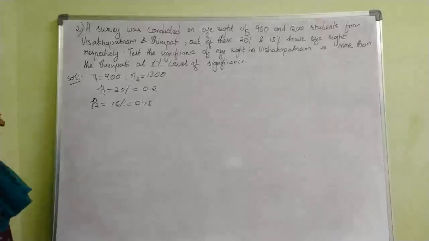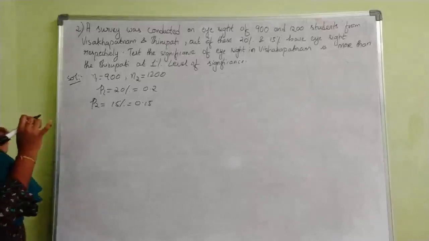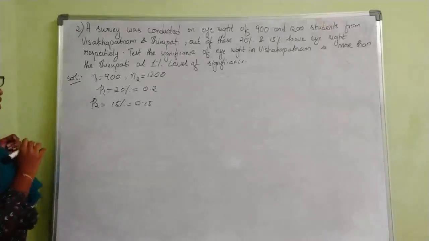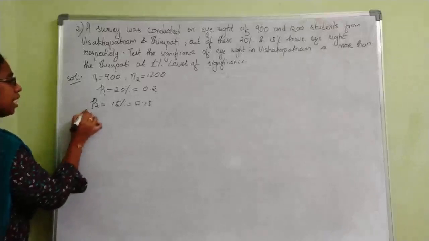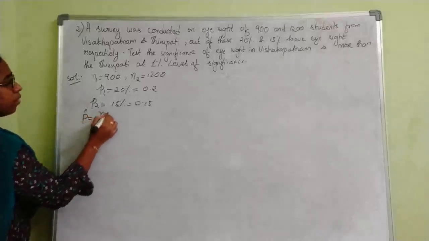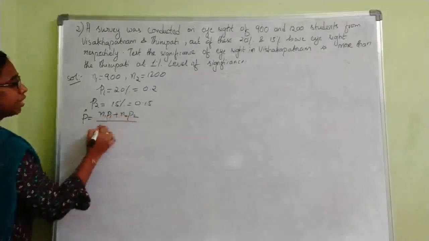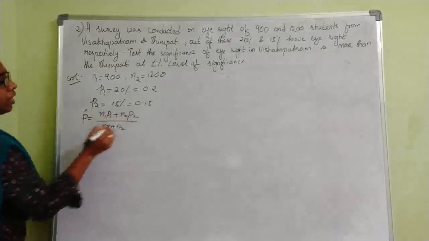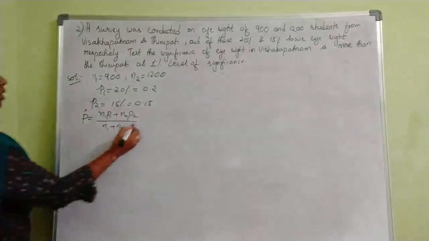Next is capital P value, that is population proportion. It is not given, right? So whenever it is not given, how will you find it? P hat equals N1 P1 plus N2 P2 divided by N1 plus N2. Here we don't have the X values, so we will be using this formula.